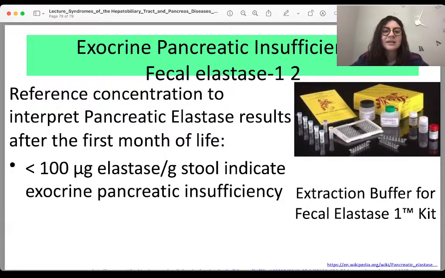And a level less than 100 elastase per gram stool indicates exocrine pancreatic insufficiency. For today, it is the most specific test for checking for fat malabsorption, maldigestion, and to make the diagnosis of exocrine pancreatic insufficiency. For today, that's all that I want to show you.